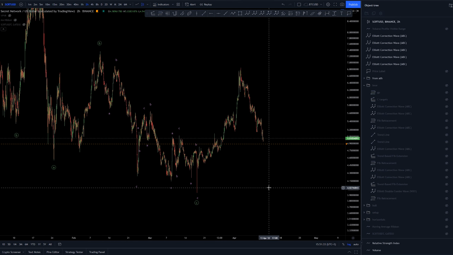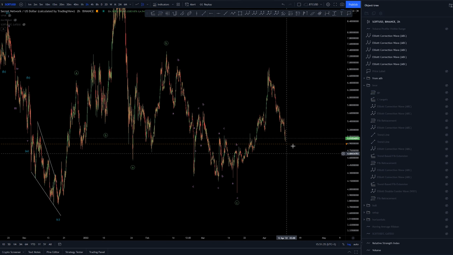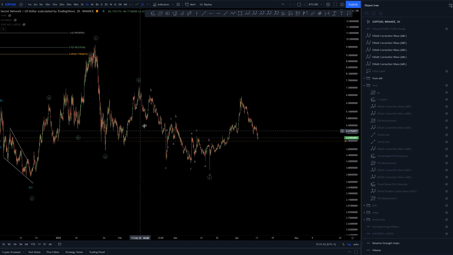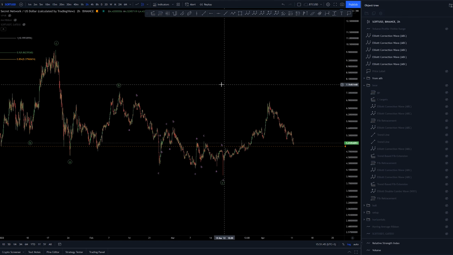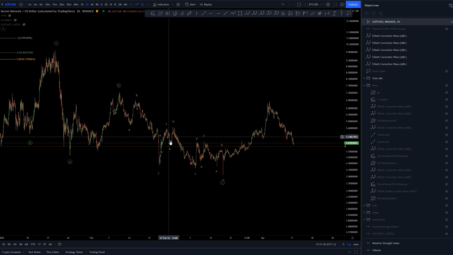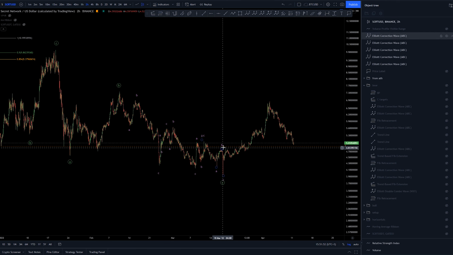And that is the only way I could see us getting to C, but then I'm not sure how we would explain this. 5 waves into A, but why is this? This would be ABC, ABC, ABC, ABC, ABC.